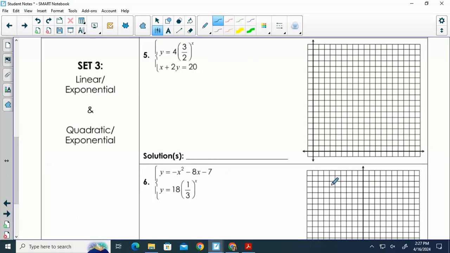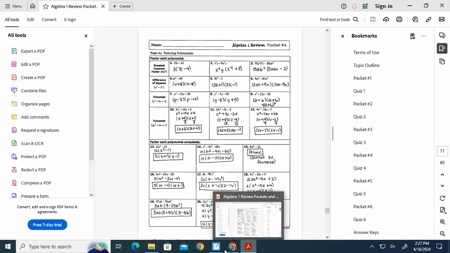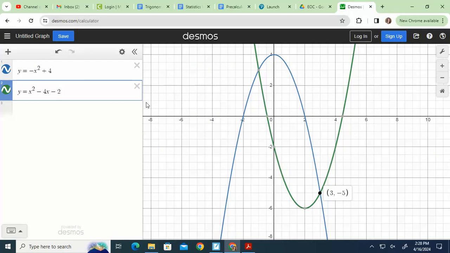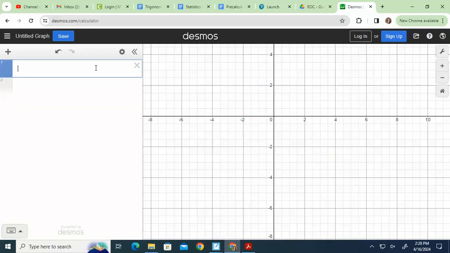All right, set 3. On Friday, we were also talking about exponential equations, so we might have some of those. It's the same idea, so we're still going to just look at our graphs and try to find the points where they meet. So y equals 4, parentheses, 3 over 2, the x.